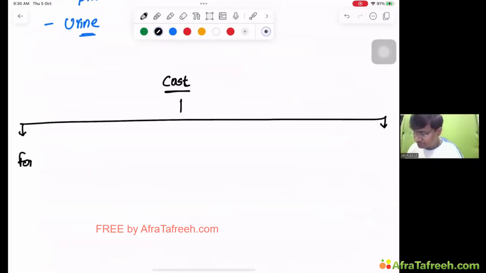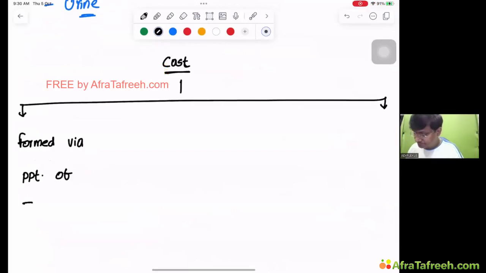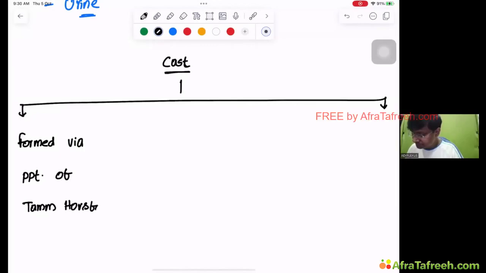So cast is the structure which is formed via precipitation of Tamm-Horsfall mucoprotein.